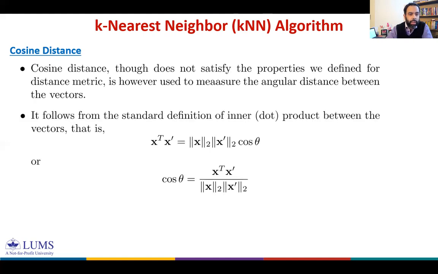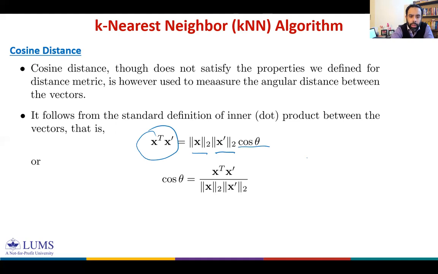We can define this cosine distance using the definition of inner product. This x transpose x dash is the inner product between the x vector and the x dash vector. This is also referred to as projection. That is defined as the norm of x times the norm of x dash times cosine of theta, where theta is the angle between x and x dash.